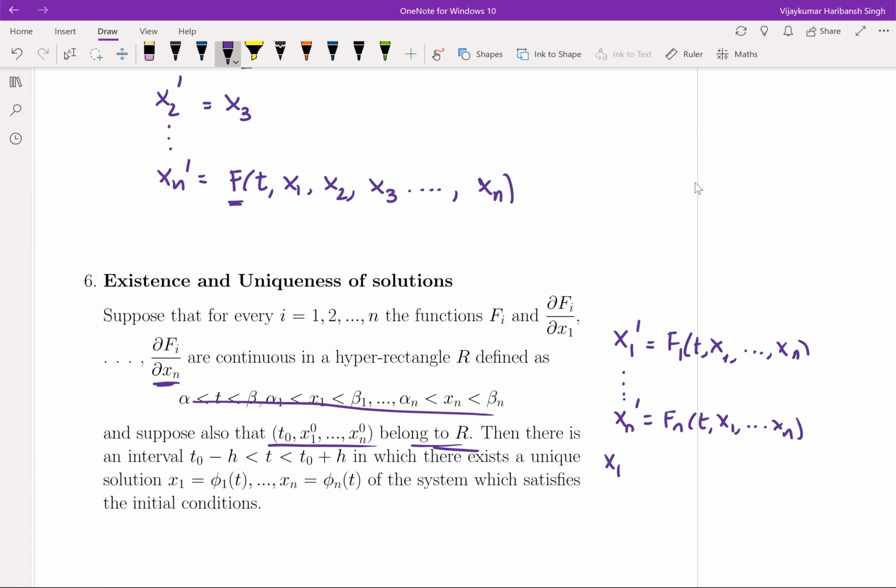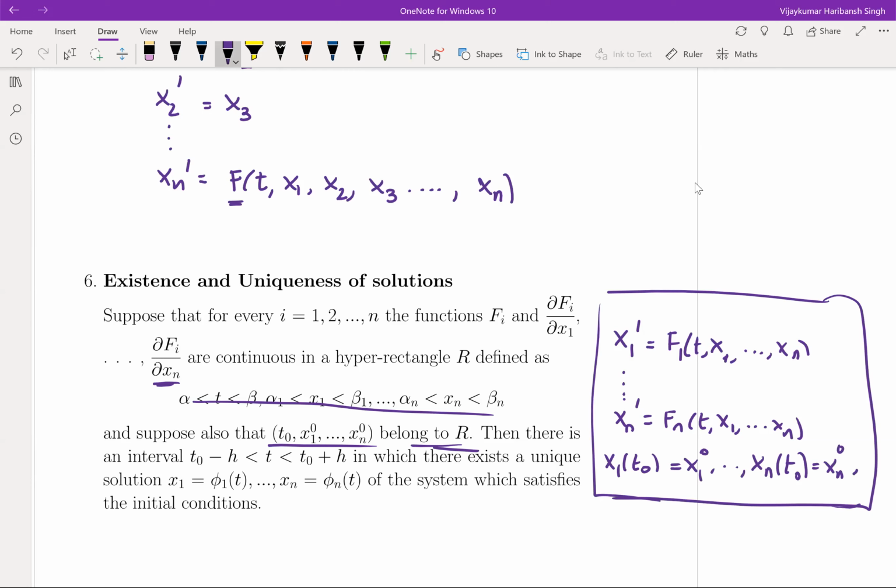So we have x1 of t naught equals x1 naught, and so on. You have xn of t naught is xn naught. Now, given this piece of information, you're asked, does the solution exist? And if it exists, is it unique?